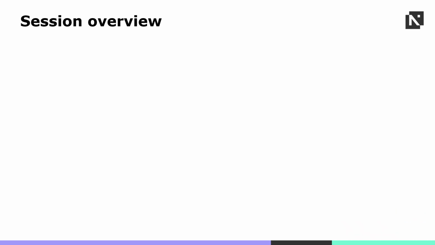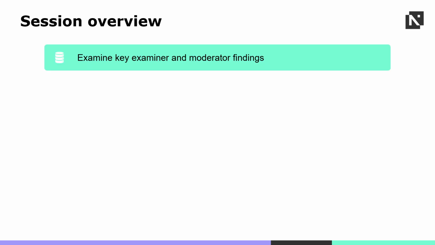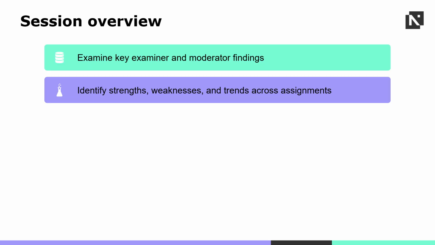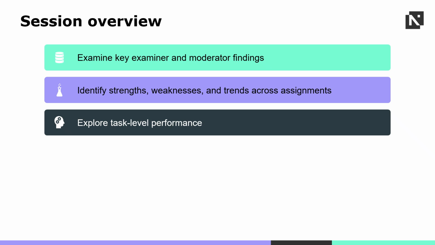So in today's session, we're going to focus on the key findings from both the examiner and moderator reports for healthcare science. We'll start by examining these findings in detail before moving on to identify the strengths, weaknesses and common trends we've seen across assignments. From there, we'll drill down to task level performance, looking at where learners did well and where they struggled.